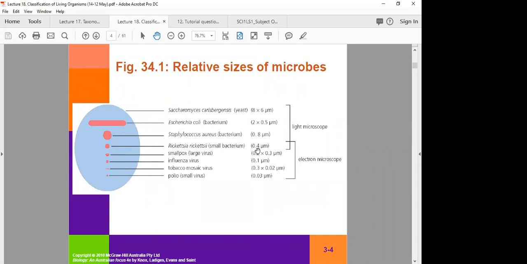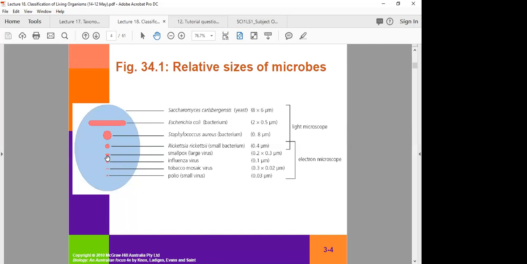But there are much, much smaller bacteria that have been discovered. All right, so quite small, but we can see these bacteria using our normal compound light microscope in the lab. Now let's compare those to viruses, even though we're not talking about viruses here.